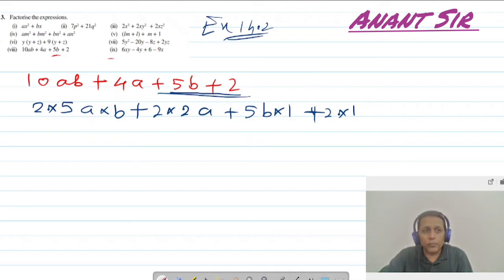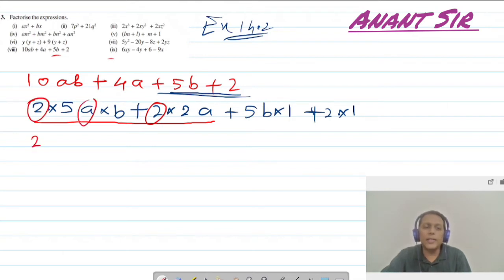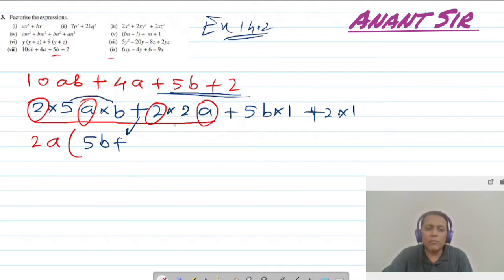So now, coming to the first two terms, what is it that I can take common? I can take 2 common, okay, alright. And what else? I can take a also common. So when I take 2a common, what is it that remains in the bracket then? Before the plus sign, what remains is 5b, and after the plus sign, what remains is 2.